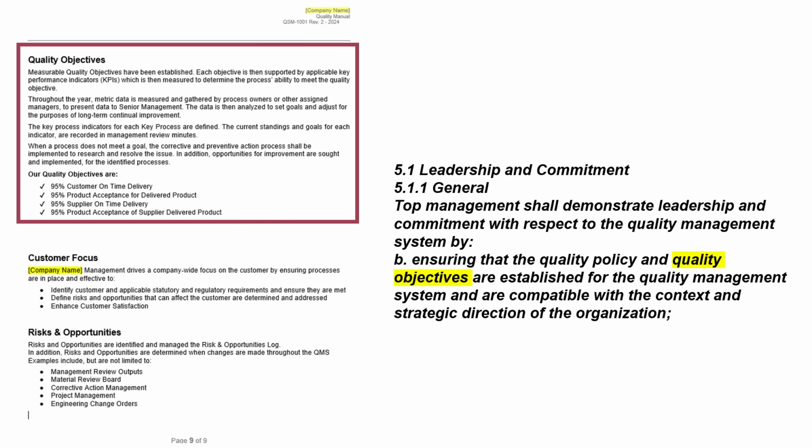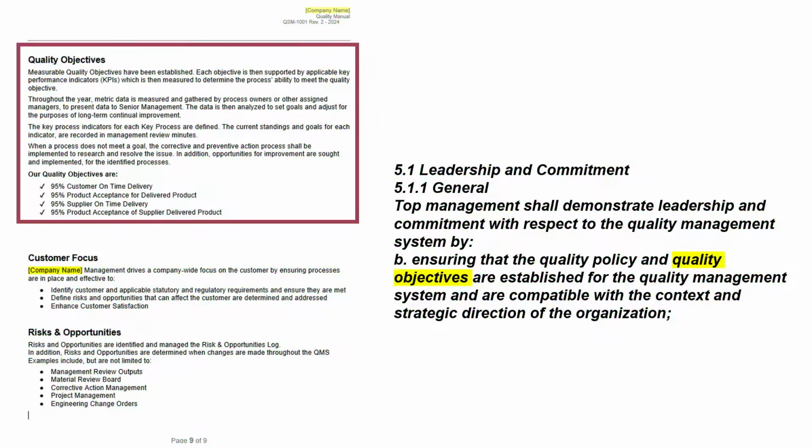So in this example, we've listed the quality objectives in the red box up there, and they are 95% customer on-time delivery, 95% product acceptance for delivered product, 95% supplier on-time delivery, and 95% product acceptance of supplier delivered product.